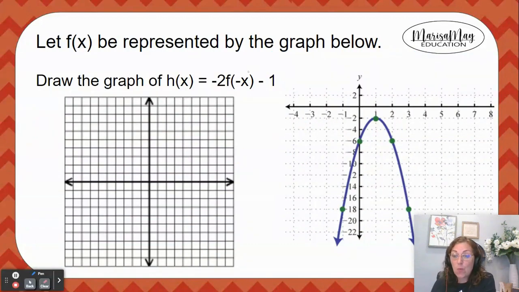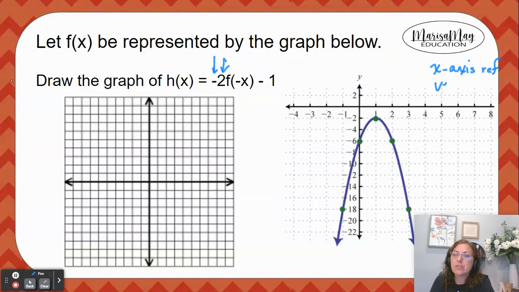All right, let's do one more graph with this f of x, and that is we are making a lot of transformations. So let's talk about them. This -1 here, that simply means we're doing an x-axis reflection. So that means we're flipping it from the bottom to the top. The 2 here tells us we are stretching it, right?